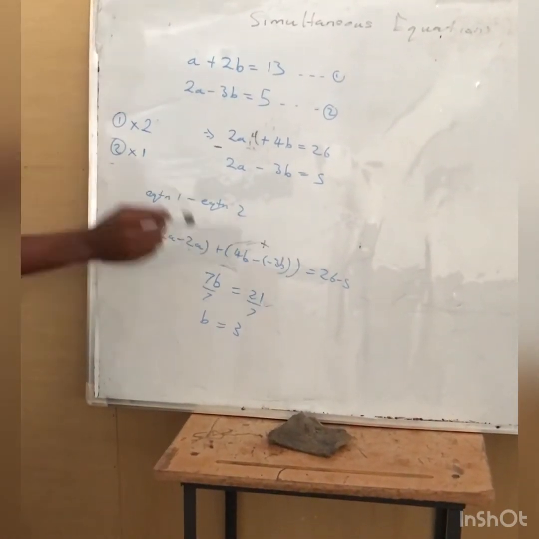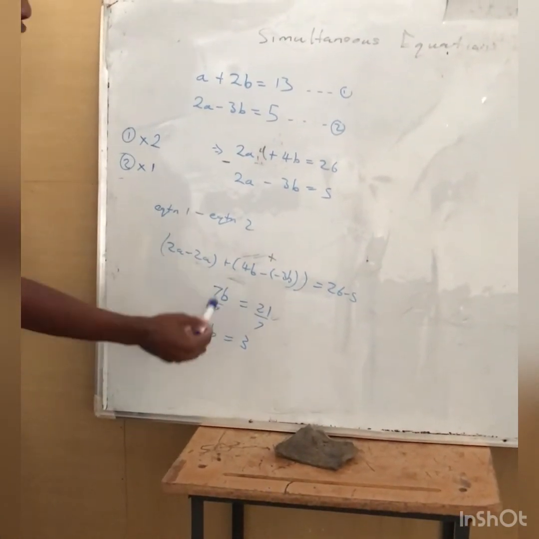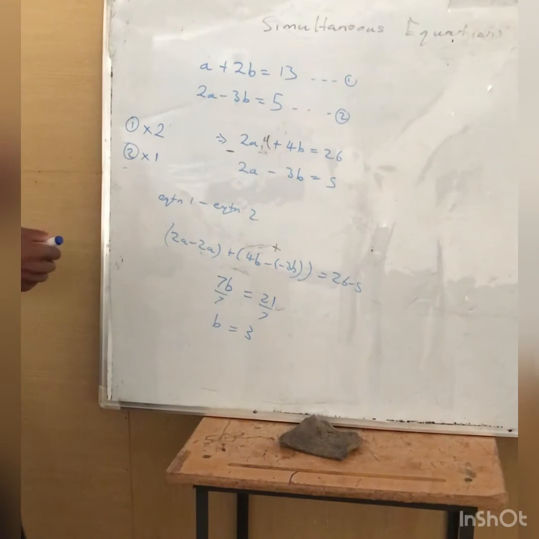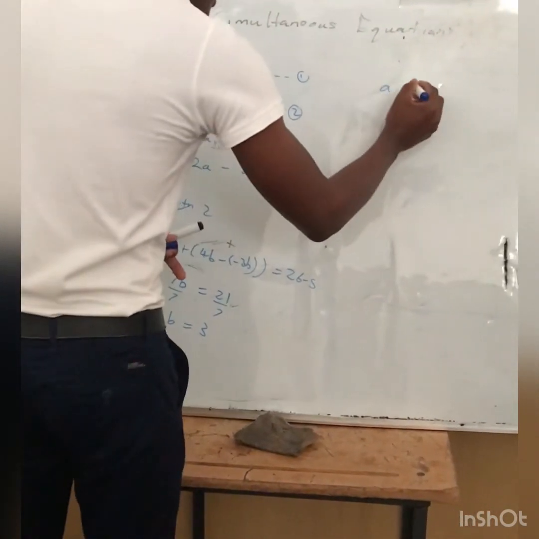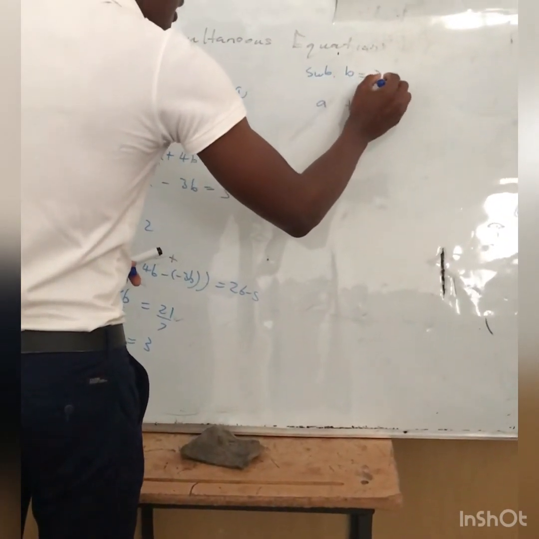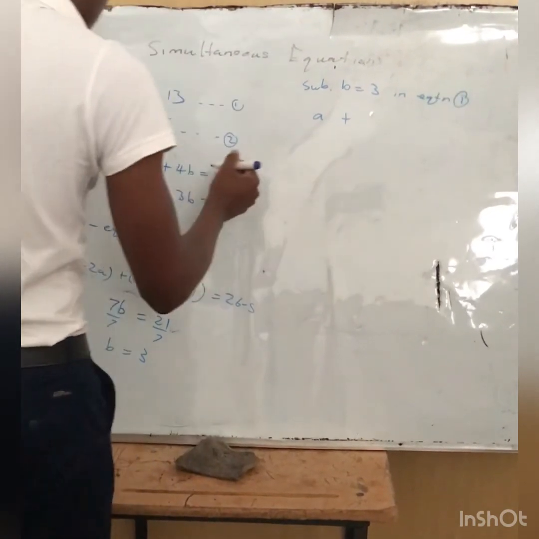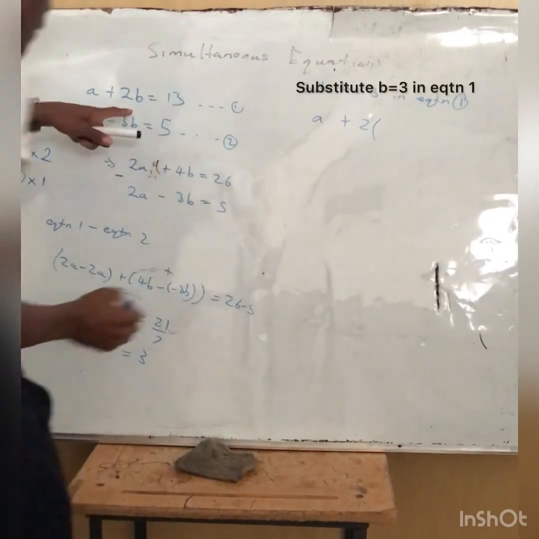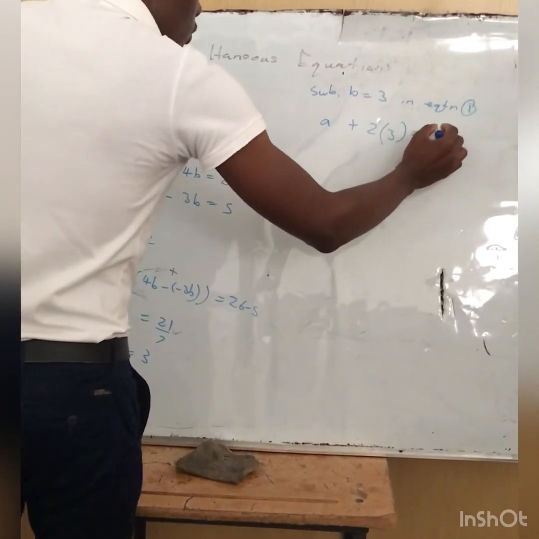Now, after I've managed to get the first value, I simply substitute the value of b in any of the equations. So I'm choosing my equation 1. Substituting b is equal to 3 in equation 1. Therefore, a plus 2 times 3, my value for b, is equal to 13.